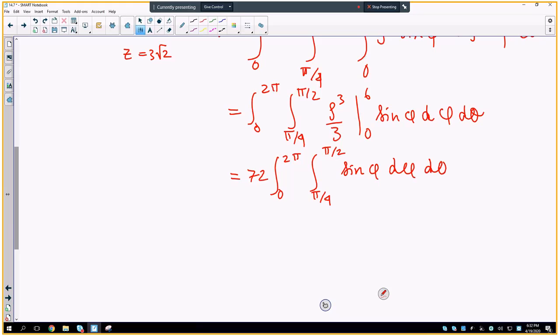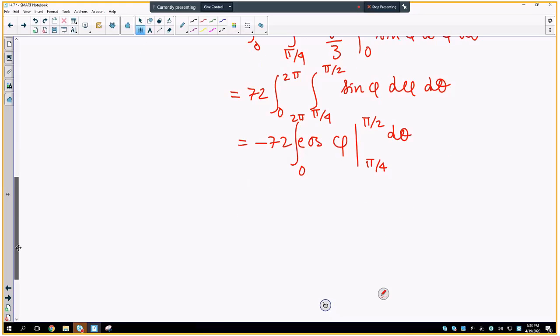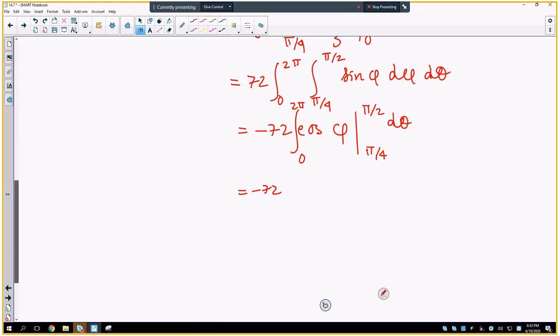When I integrate, I get minus cosine of phi, with limits pi over 4 to pi over 2, d theta. Let's put the limits in, and again I'm just going to get constants. So minus 72 times: if you put pi over 2, cosine pi over 2 is 0, minus cosine of pi over 4 is square root of 2 over 2.